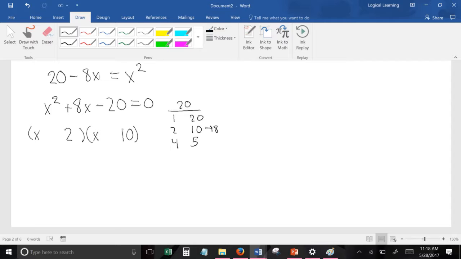Now, we know that we want to get a positive 8, so we want to subtract 2 from a positive 10. Then this negative times this positive will give us a negative 20 like we want. And we still have equal to 0. So by the zero product property, we have x minus 2 equals 0 and x plus 10 equals 0, which will give us our solutions of x equals 2 and x equals negative 10.